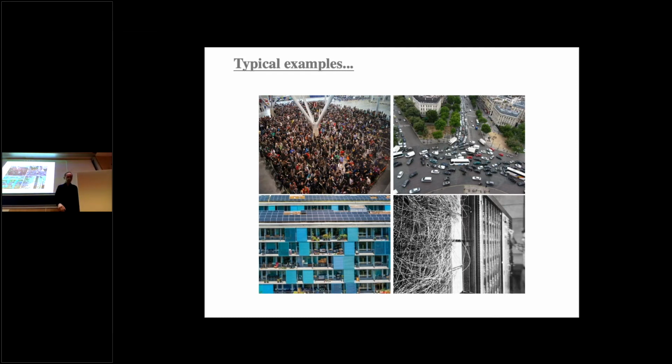Here you have, in the pane at the bottom left, another kind of mean field game, but maybe a little bit more complicated, in relation with the energy markets. So in fact, you have people living in a building, and on the top of the building you have solar panels. And so you can think of these people as being consumers of electricity, but at the same time, they are producers of electricity. And when they consume electricity, maybe they consume the electricity that they produce, but maybe they also consume the electricity that is produced by a global producer.